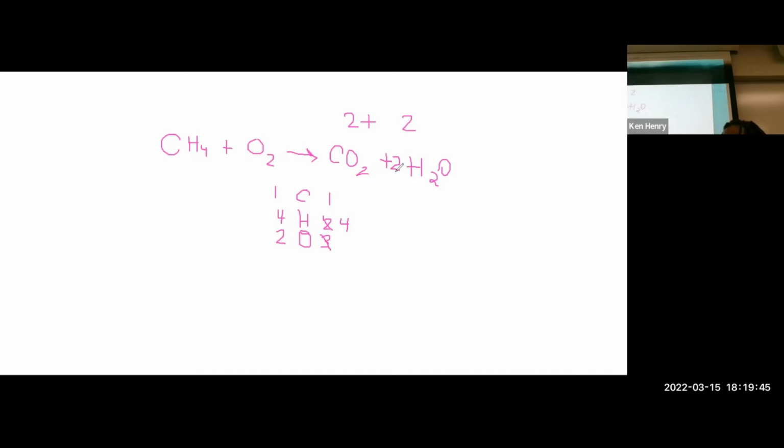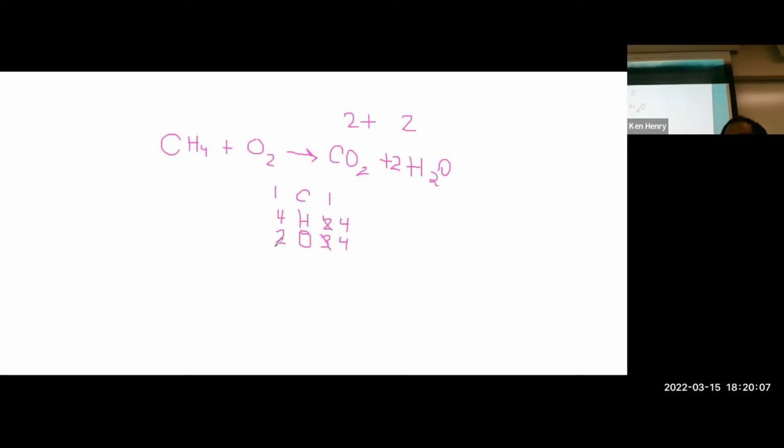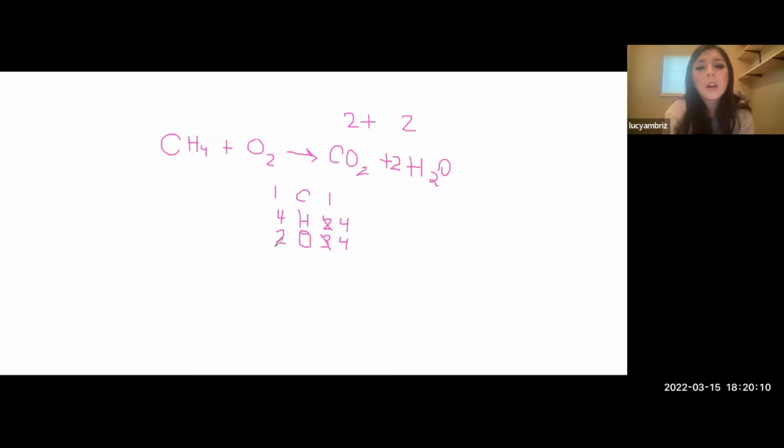So that gives me a total of 4. 2 plus 2 is 4. So everything's balanced except for my oxygen. How do I balance that out? Multiply by 2. So you put a 2 on the reactant side in front of oxygen gas.